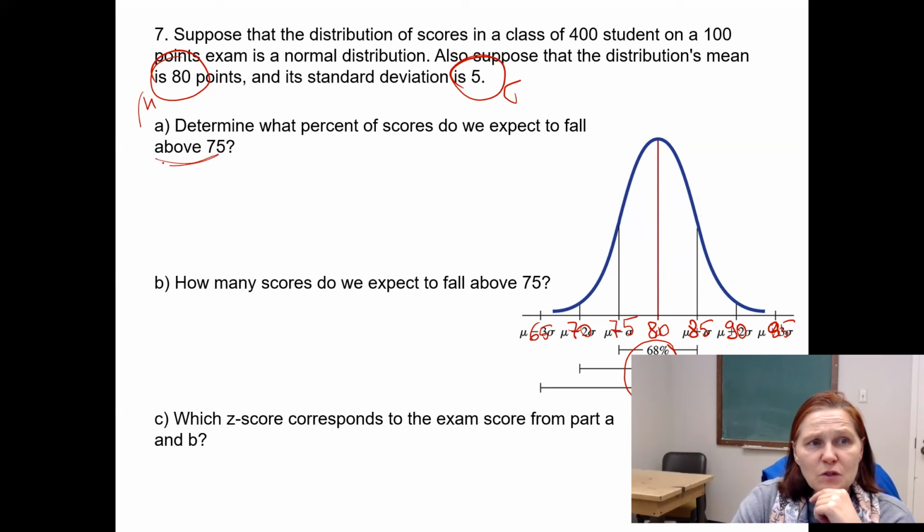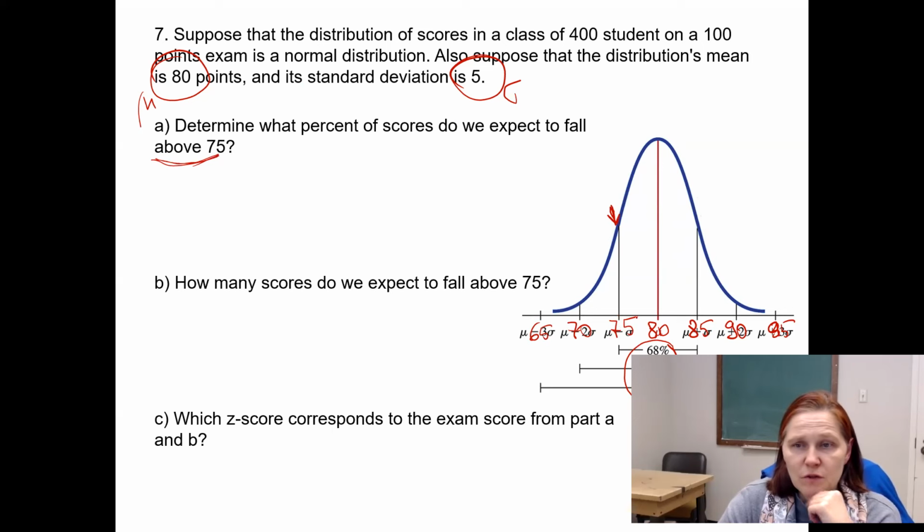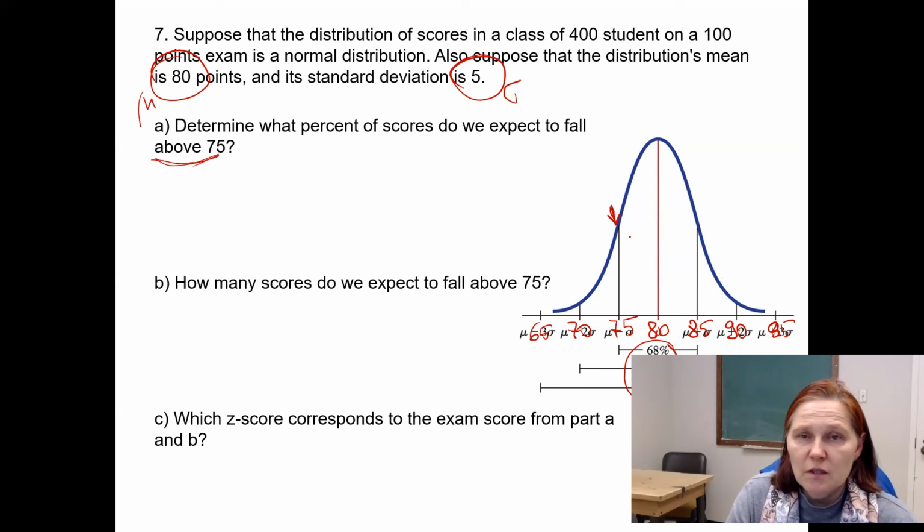We are interested in scores above 75. This is one standard deviation to the left of the mean, and we can divide this into two parts. First, half of the 68% interval, so half of 68 is 34%.